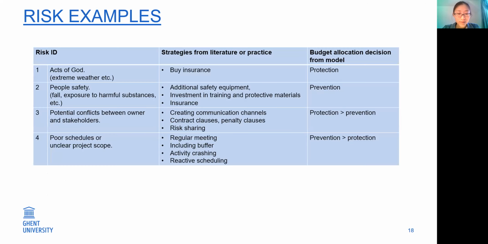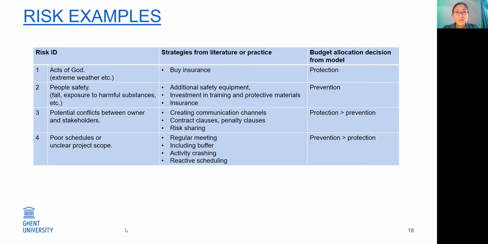Then to validate whether the procedure can be applied in practice, we selected 4 risk examples from the literature and also gathered the strategies suggested in the literature and used in practice. For these 4 risk examples, we also applied our 3-step decision procedure and gave our suggestions based on our model.